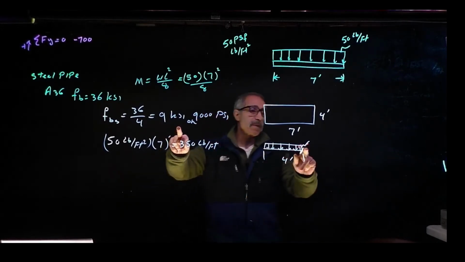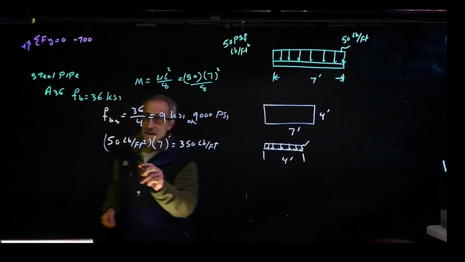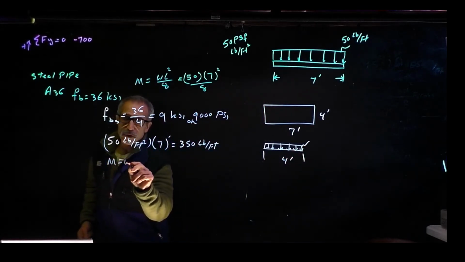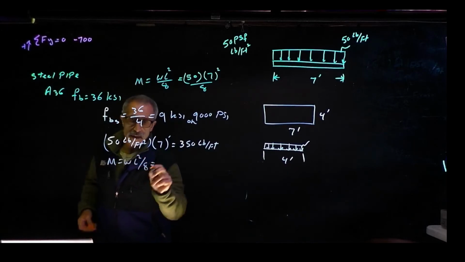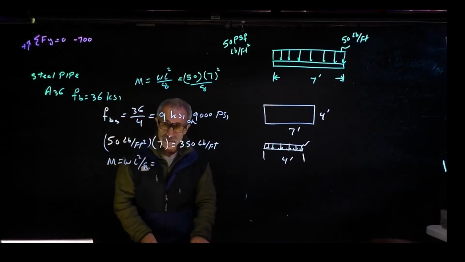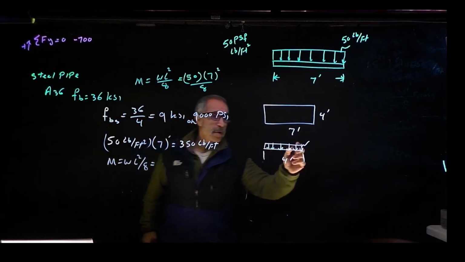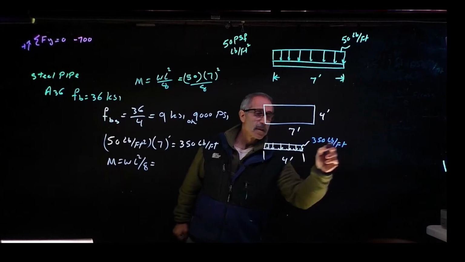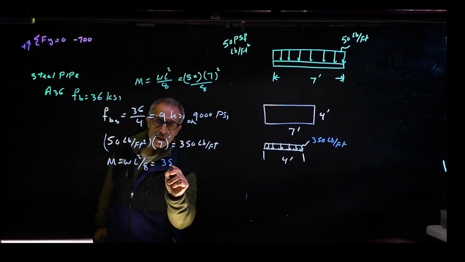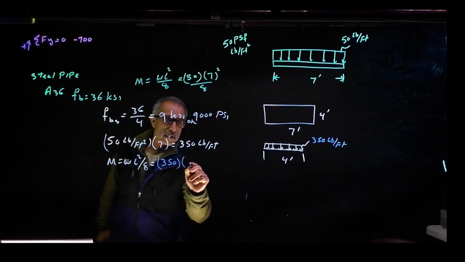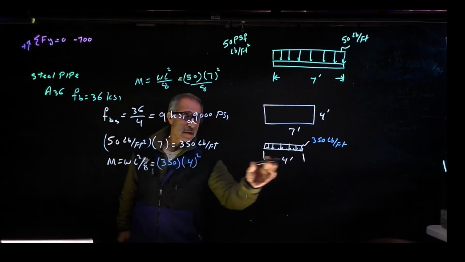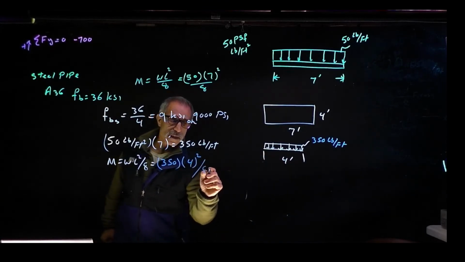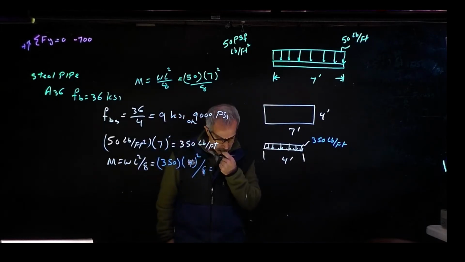So the bending moment for this one here is WL squared divided by 8, and that came out to be 350 pounds per foot. So I got 350 times 4 squared, because that's 4 feet, and divide by 8, and that will give me 700 foot-pounds.